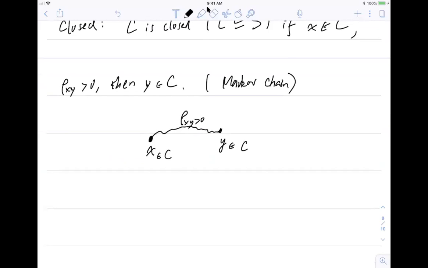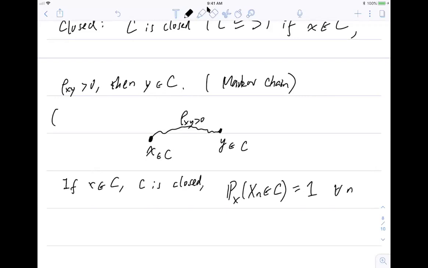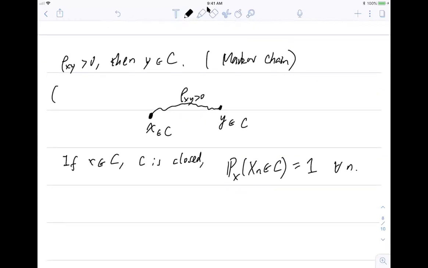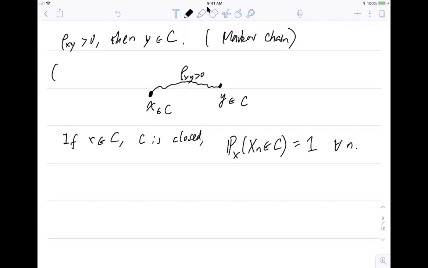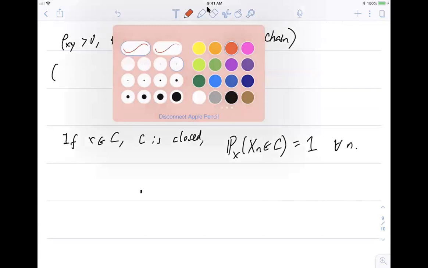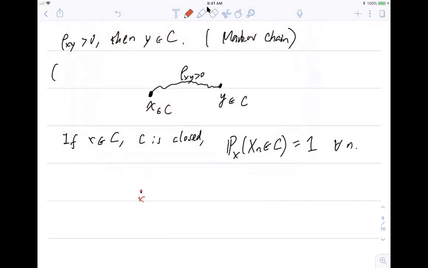You can think of it in the following way. If x is in C and C is closed, then starting from x, all the paths, all the trajectory, should be in C. Why? If you start from x, the next step is x1.